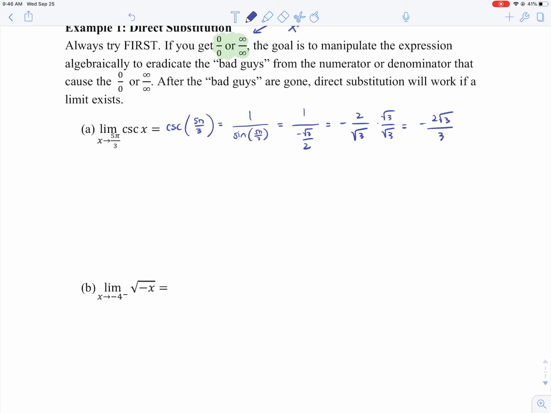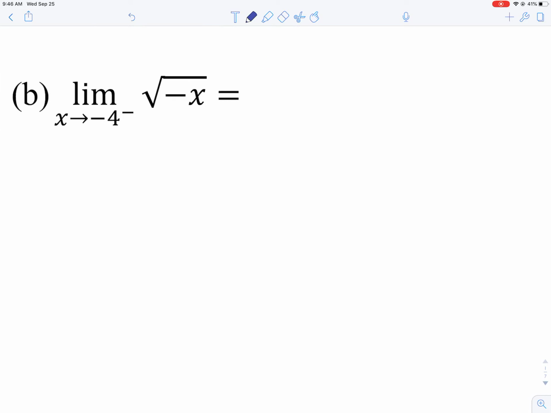Okay, so the next limit, we're taking the limit of the square root of negative x as x approaches negative 4 from the left. Remember, this indicates approaching from the left. However, we're still going to just try direct substitution.